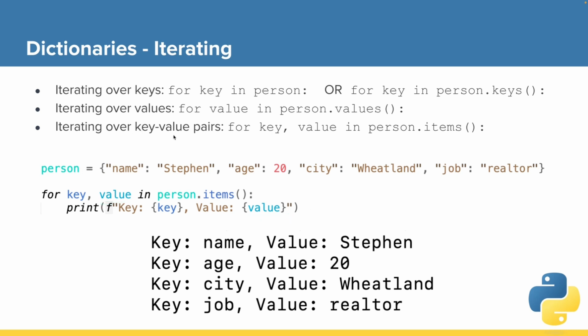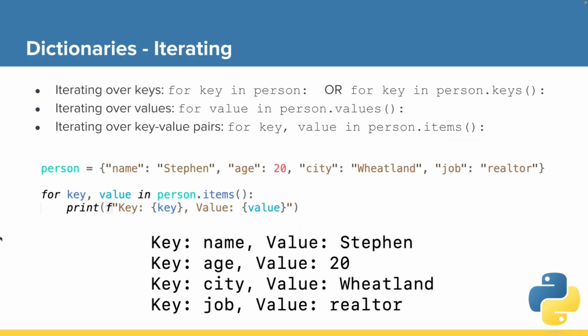And then lastly, iterating over key value pairs. We can say for key, comma, that's important, otherwise we'll get a syntax error, value, and again, these can be any names that we want, in our dictionary variable name, dot items.